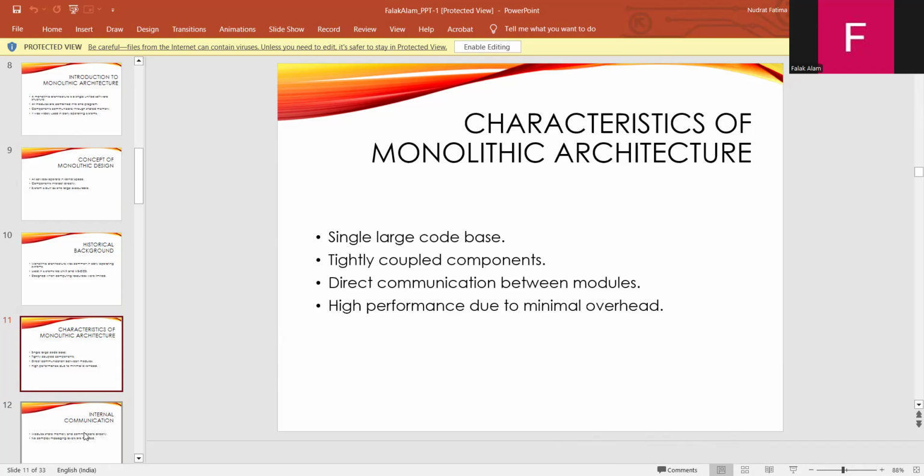However, these characteristics also make the system more difficult to maintain and debug. Now, how is the internal communication done in the monolithic architecture?